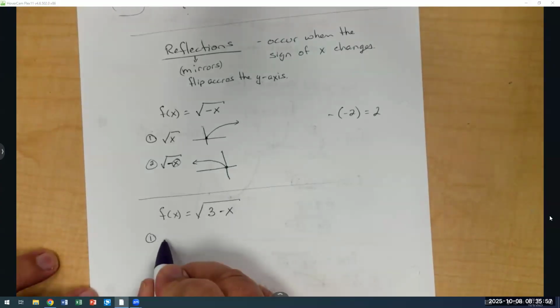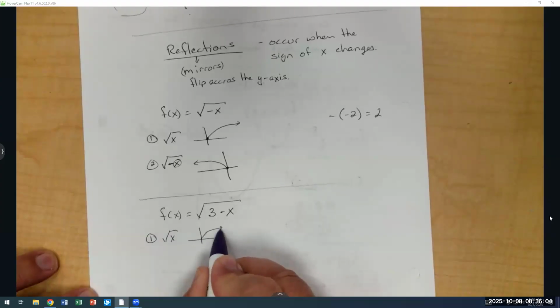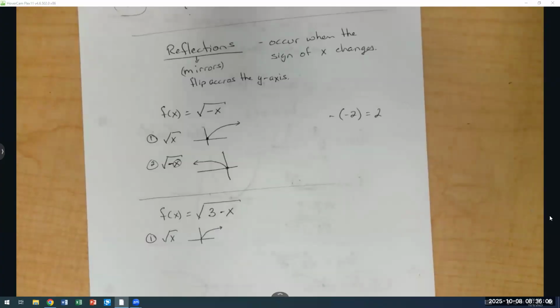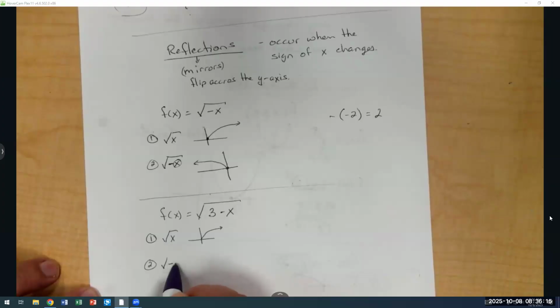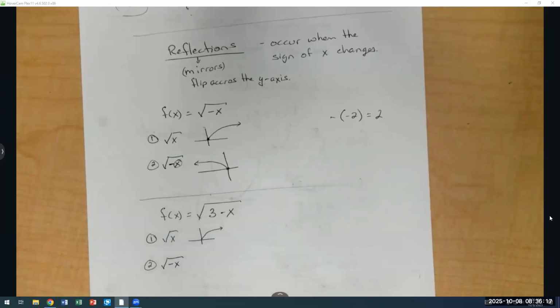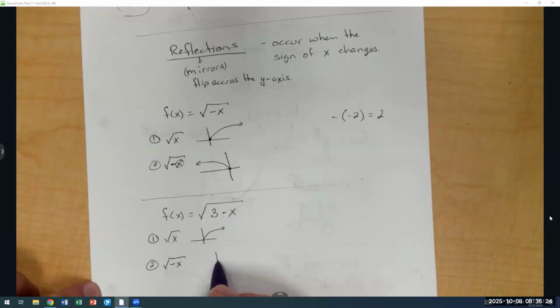What's the original function? Square root of X. The square root of X looks like this. Now from there, we build it out. What's the first thing that happens inside there? Well, X changes signs. We're building out this equation. We start off with X. There's a negative in front of it. So what happens to the graph now? It flips across the y-axis.